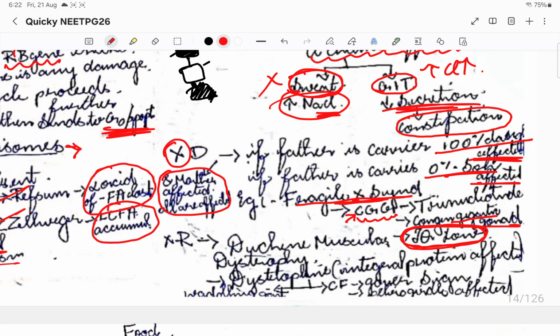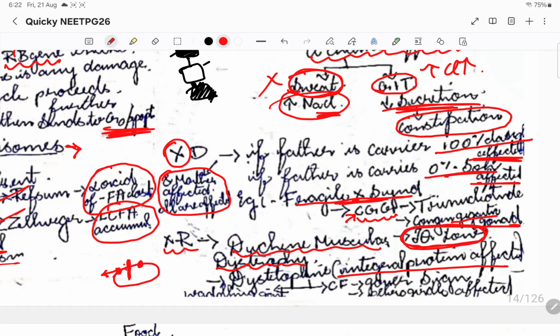Then coming to X-linked recessive, it is going to be Duchenne muscular dystrophy. Where did we learn about dystrophin? It is an integral protein. We were discussing this in general physiology. I was telling you there are three types of protein: integral protein, surface protein, and lipid anchoring protein. For the surface protein, the spectrin defect, I told you I will discuss in RBC.